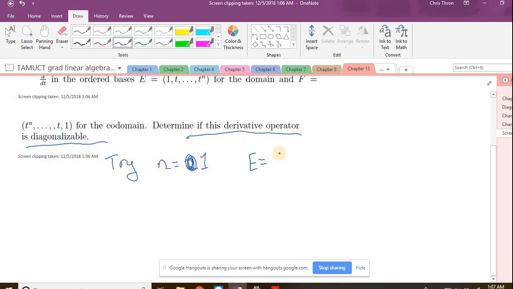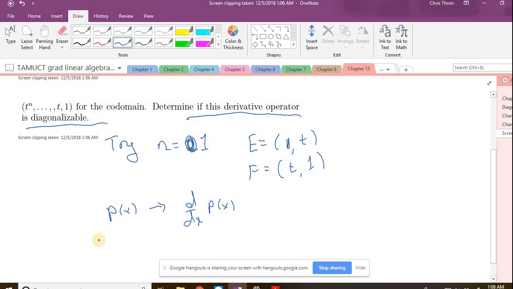So your basis E is going to be 1 and t, and your basis F is going to be t and 1, and your operator is p of x goes to the derivative of p of x. Alright, so what's the matrix? And how do you find it?